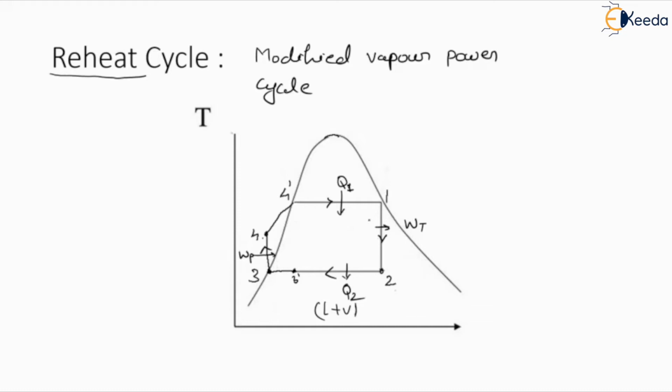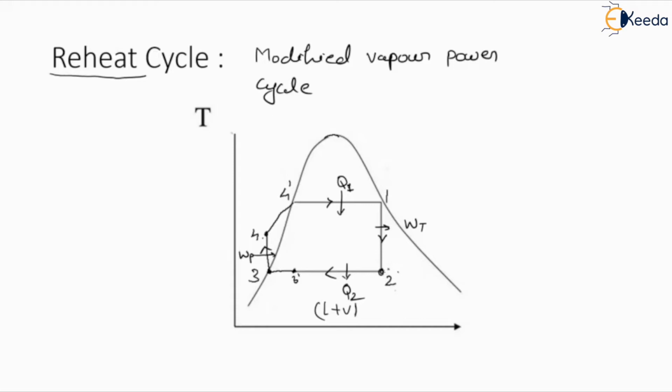Here the steam after expansion is in liquid plus vapor form, or in the liquid plus vapor region. So after expansion, it will have some moisture content. See, this is the combination. So it will have a lot of moisture.